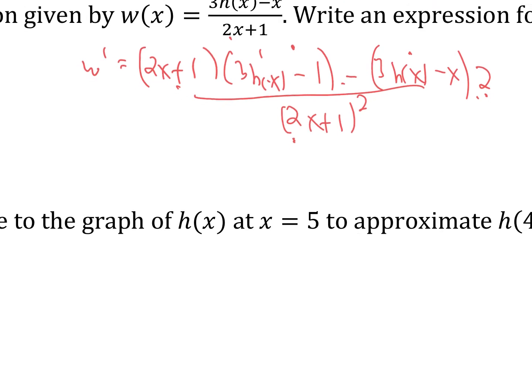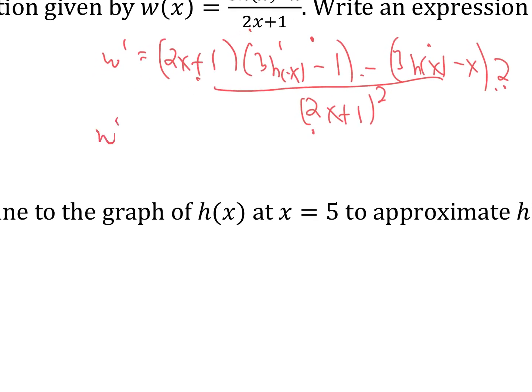Now, that looks fine, but let me do w prime of 5. This was just w prime of x. 2 times 5 is 10 plus 1 is 11. Now I need 3 times h prime at 5 minus 1. And we have that up there.